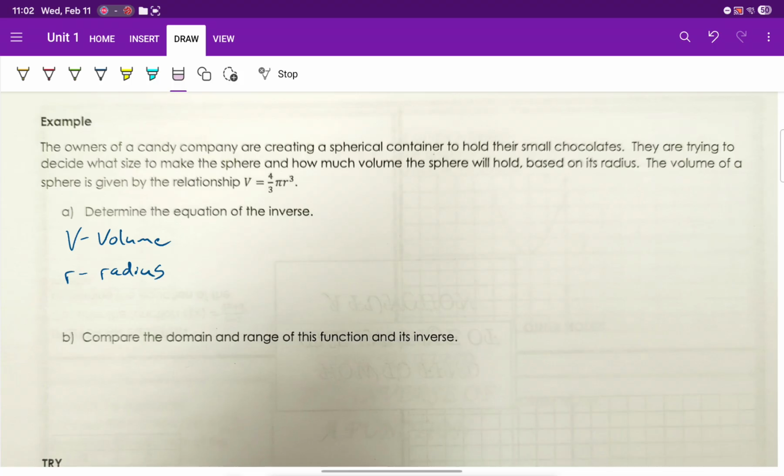Because if we swap them, it takes away their meaning. And in this question, these two things do have meaning. They have context. And so we're just going to leave these variables as is, and instead just rearrange and isolate for r, the variable that is not currently isolated.